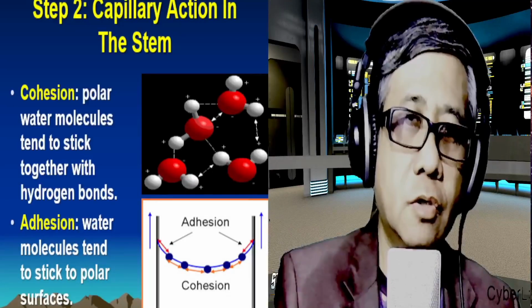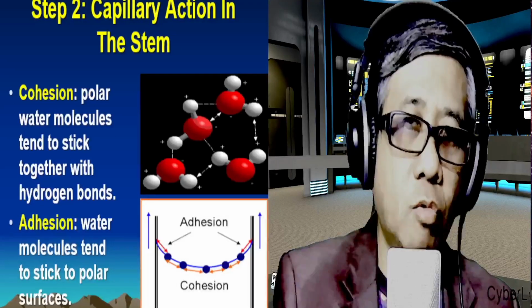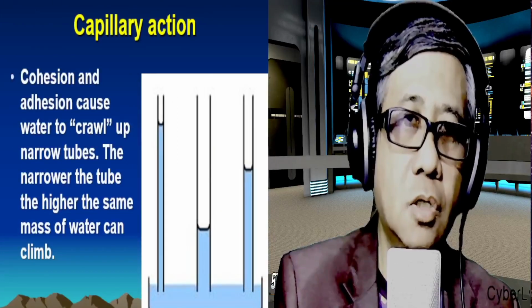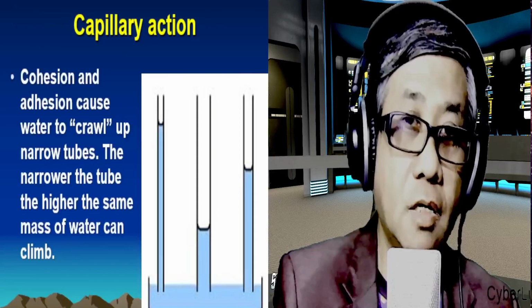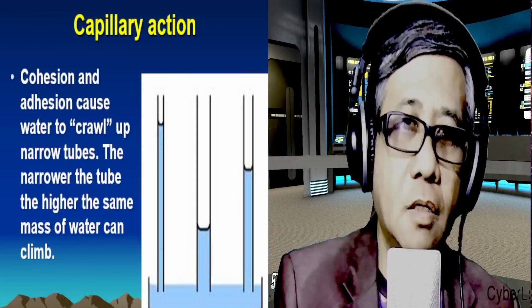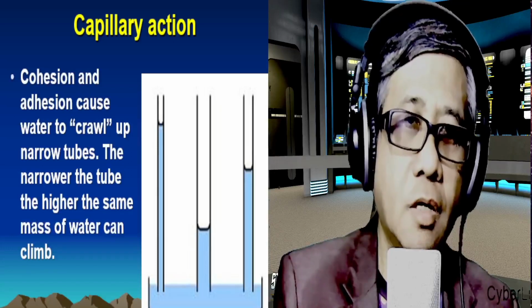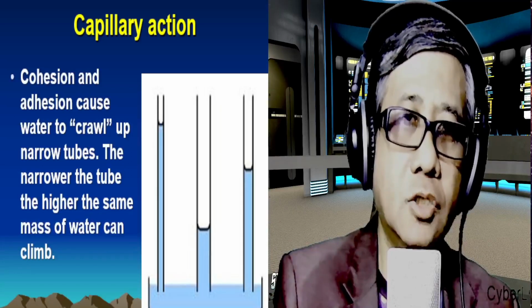Because of these two mechanisms, cohesion and adhesion cause water to crawl up narrow tubes like the xylem. And the narrower the tube, the higher the same mass of water can climb. So that is the principle behind capillary action.